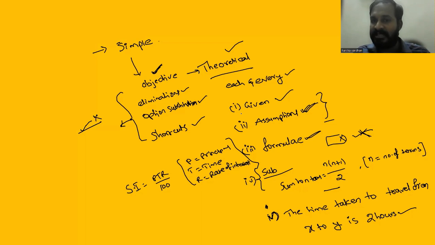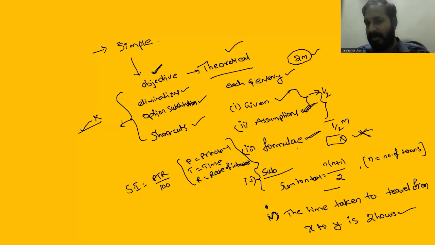But when it comes to the theory examination, what happens is, for the given data and assumptions, they will give half a mark. I am speaking about the 2 marks case. And this formula, half a mark. And the substitutions and procedures, if a formula is there, we will substitute it.